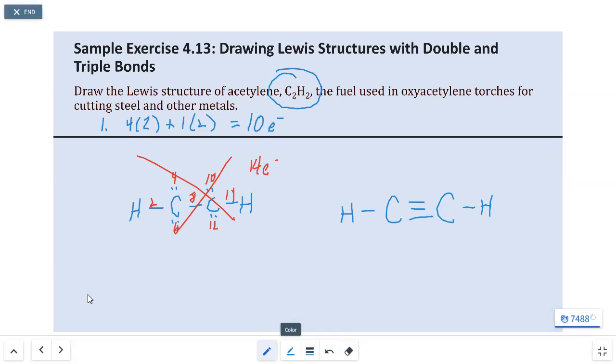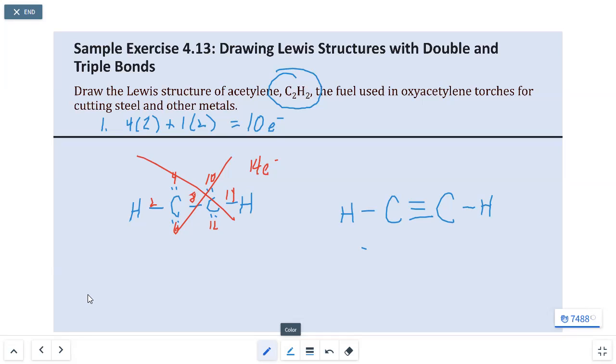So we need to make sure, does everybody have an octet, or do I need to add more dots? Well, hydrogen again is okay. The carbon now has 2, 4, 6, 8 around it. 8 electrons in bonds means it doesn't need any dots around it. Same thing with the carbon on the other side, 2, 4, 6, 8.